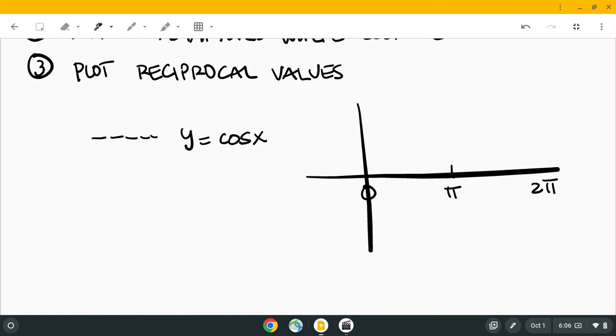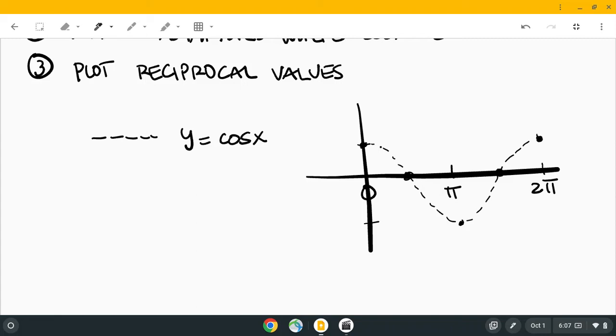So we know at the endpoints we have 1. We know halfway in between we have -1. And then we know on the left side halfway between is 0. And we know on the right side halfway between is 0. Okay. So my cosine graph looks like this.